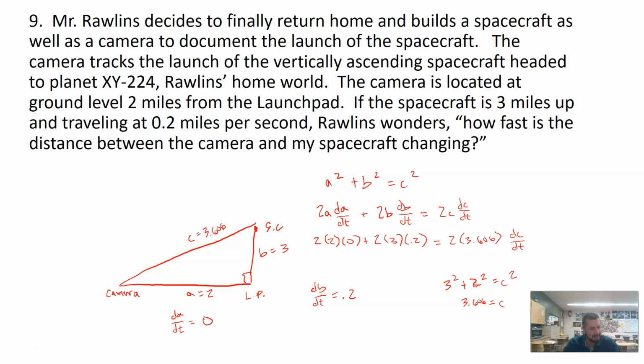On the left-hand side this is 1.2, and 2 times 3.606 gives me 7.212 dC/dt. Then I divide 1.2 by 7.212, and I get that dC/dt is equal to 0.166. That is the rate at which the distance between the camera and the spacecraft is changing.